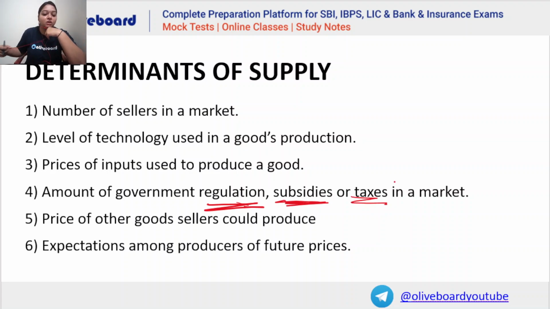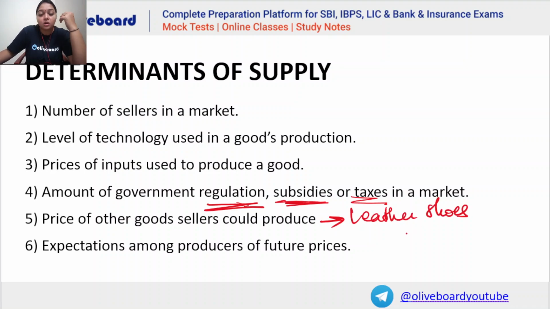So the fifth one is the price of other goods sellers could produce, right? Now let us say a leather shoe manufacturer gets to know that leather pants are more expensive and more in trend, that they are more in demand, right?